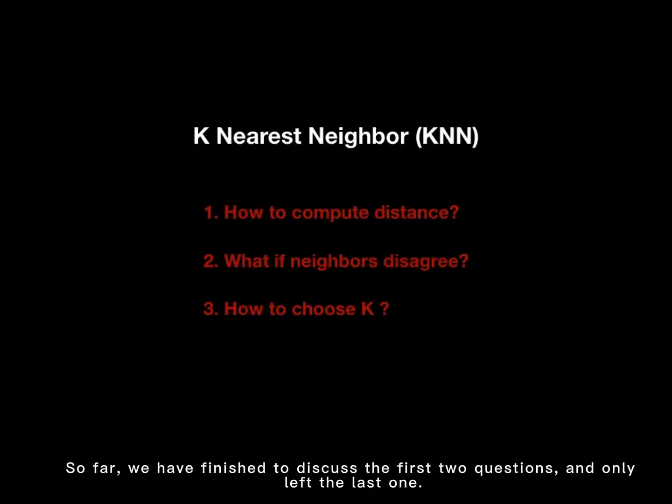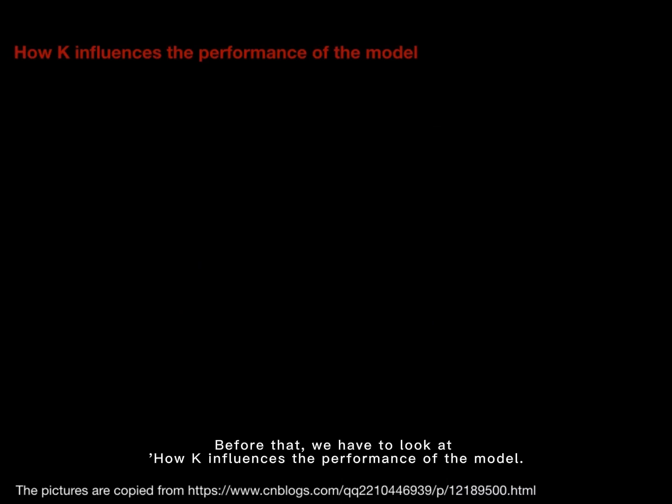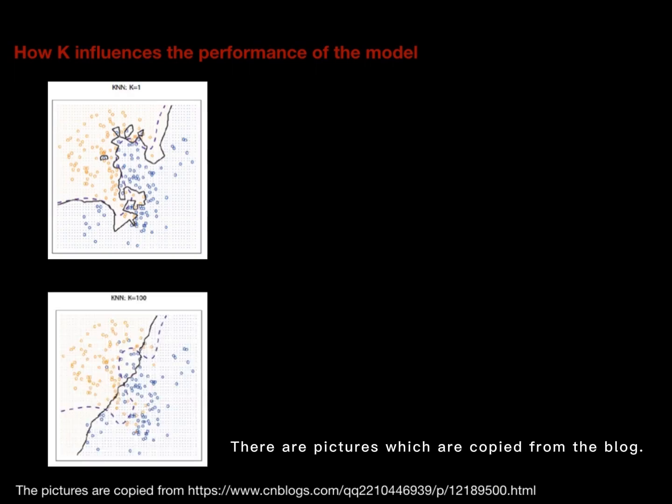So far, we have finished discussing the first 2 questions and only the last one is left: how to choose K. Before that, we'd better look at how K influences the performance of the model. There are 2 pictures which are copied from blogs.